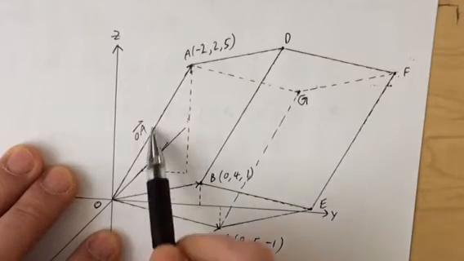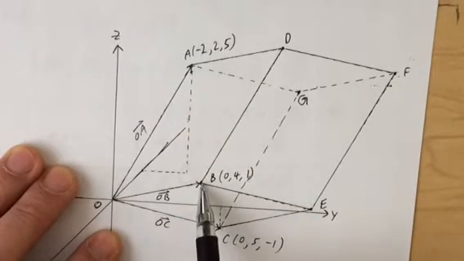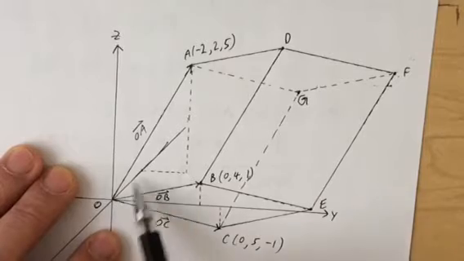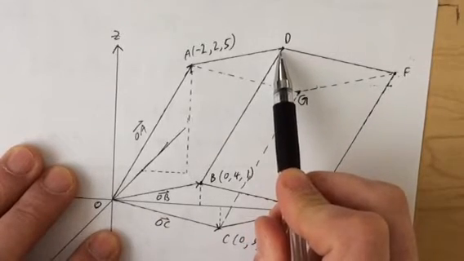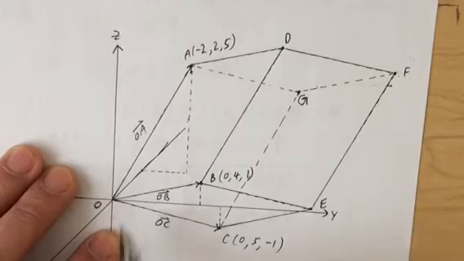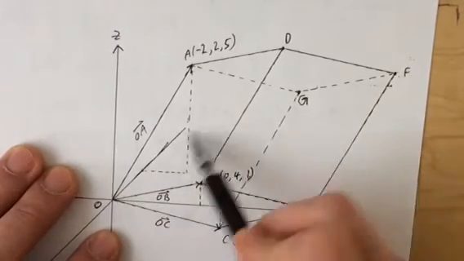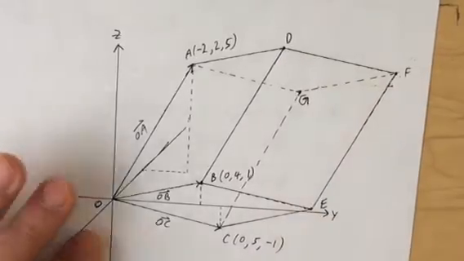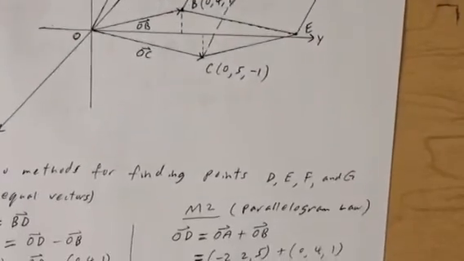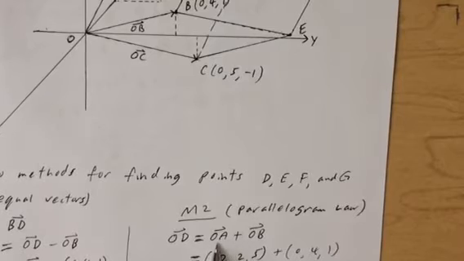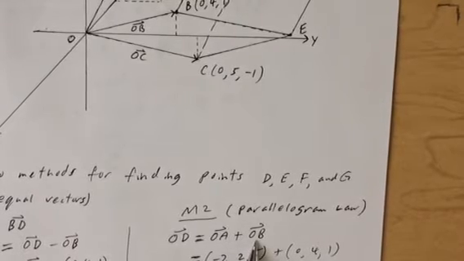Now, OA plus OB using the parallelogram law equals OD. So I'm just going to write that down here. OD equals OA plus OB, as we just looked at.